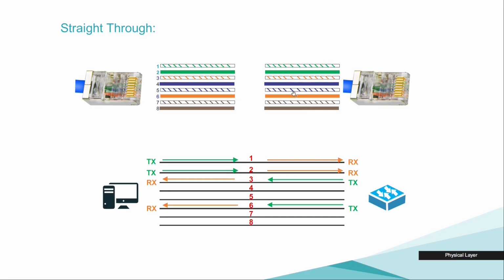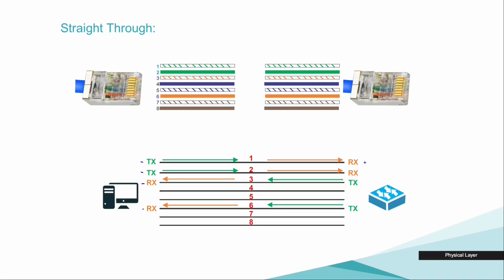So why do we use it that way? We can use the straight through cable between a desktop and the switch. The reason for that is that the desktop transmits data on pins 1 and 2, and receives data on 3 and 6.